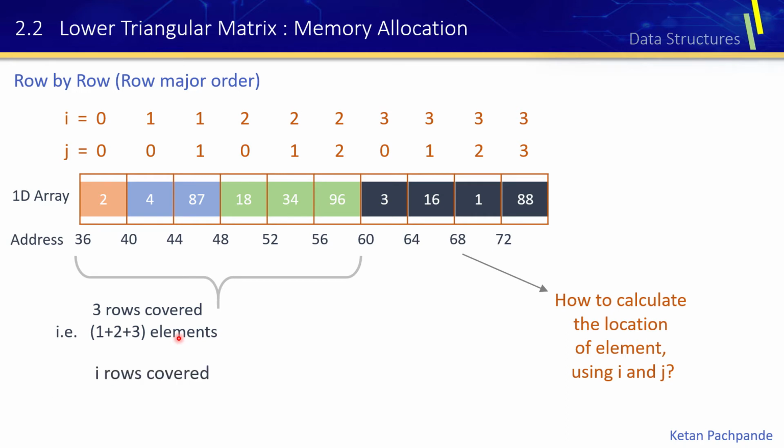If I talk in terms of i, it's nothing but 1 plus 2 plus 3 up to i. Right? You see, if I talk about this element, let us assume 2, 2. What is the value of i here? 2. So it means before this green colored row, two rows have been covered. So what will be the formula? 1 plus 2 only.